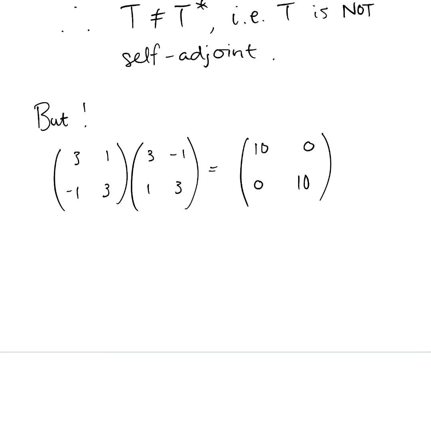If you do it in the other order, though, so you do the matrix for T star times the matrix for T. I mean, we have to do it out. There's no reason to expect it to be the same matrix because matrix multiplication is not commutative.